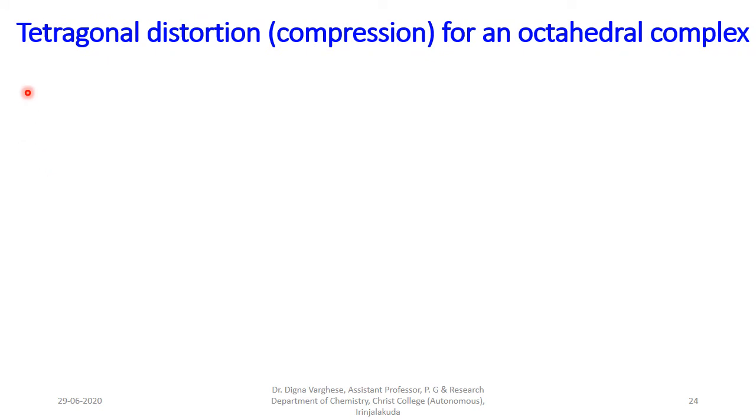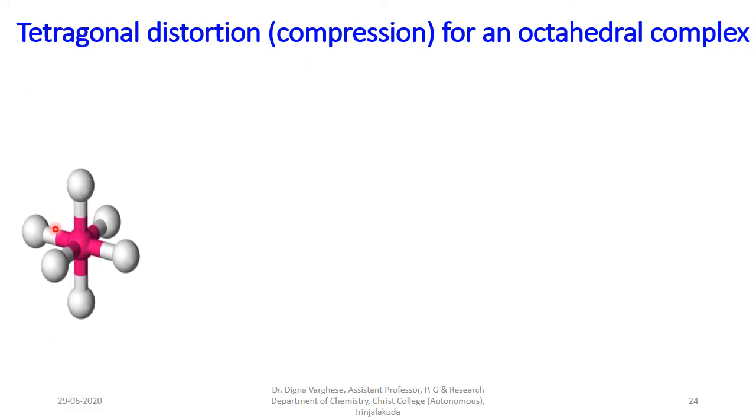The second distortion is compression for an octahedral complex. Compression means the axial ligands, the ligands on the Z axis, are moved towards the metal ion. That means the ligands are closer to the metal ion.